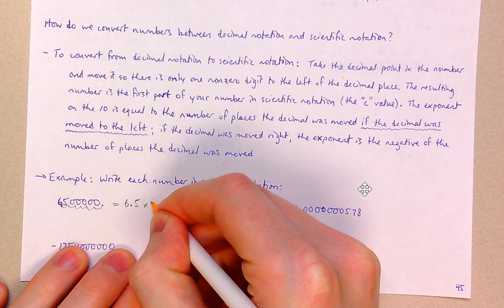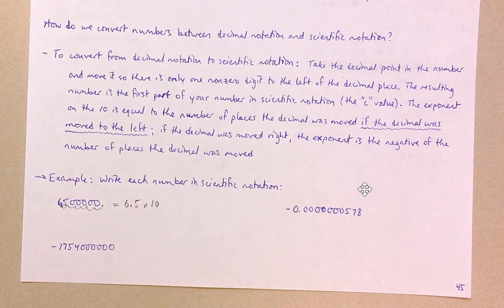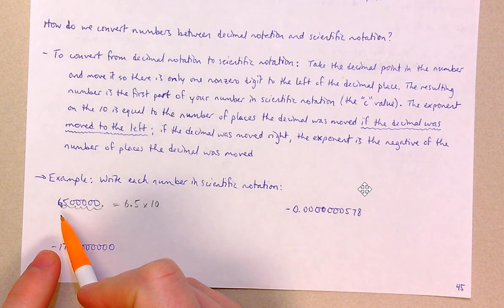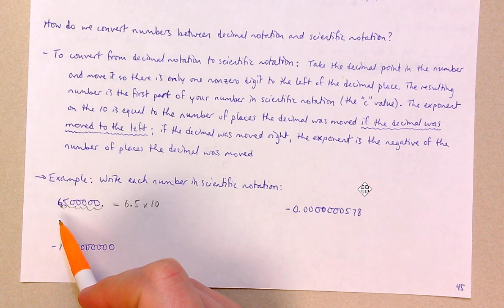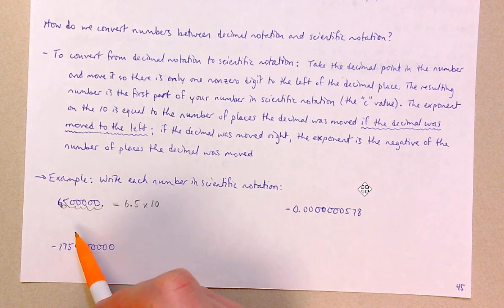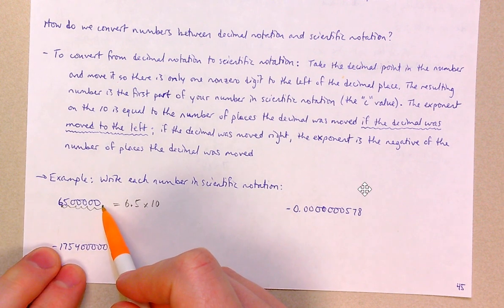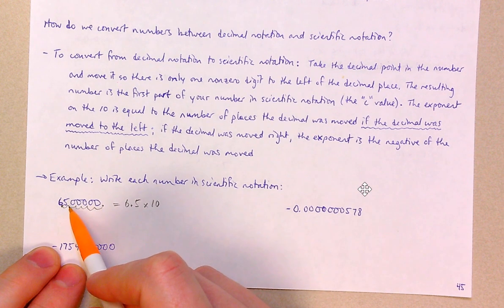Now it's times 10 raised to some power. What is that power? Well, we moved the decimal point to the left, so we know it's going to be a positive exponent. But what is the number going to be? It's the number of places that we moved our decimal. 1, 2, 3, 4, 5, 6.